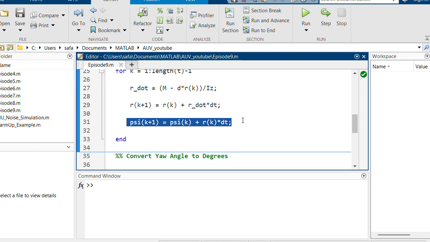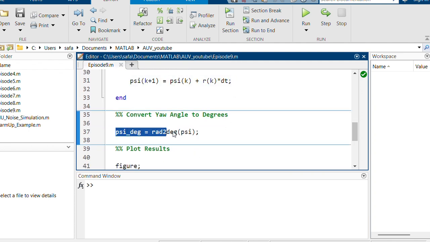Once the yaw rate is known, we integrate it to obtain the yaw angle. This is equivalent to accumulating rotational motion over time. Here, MATLAB computes the yaw angle in radians. For easier interpretation, we convert the angle to degrees.